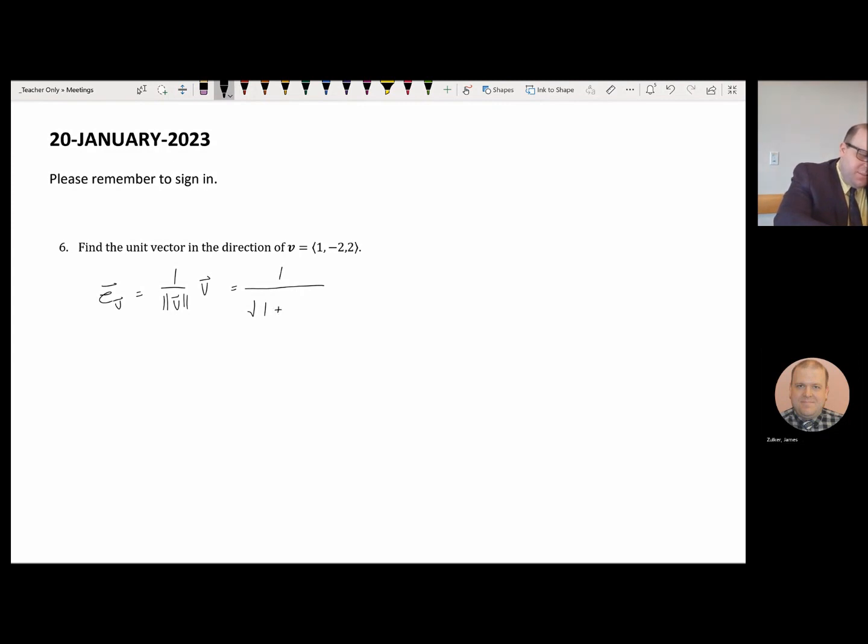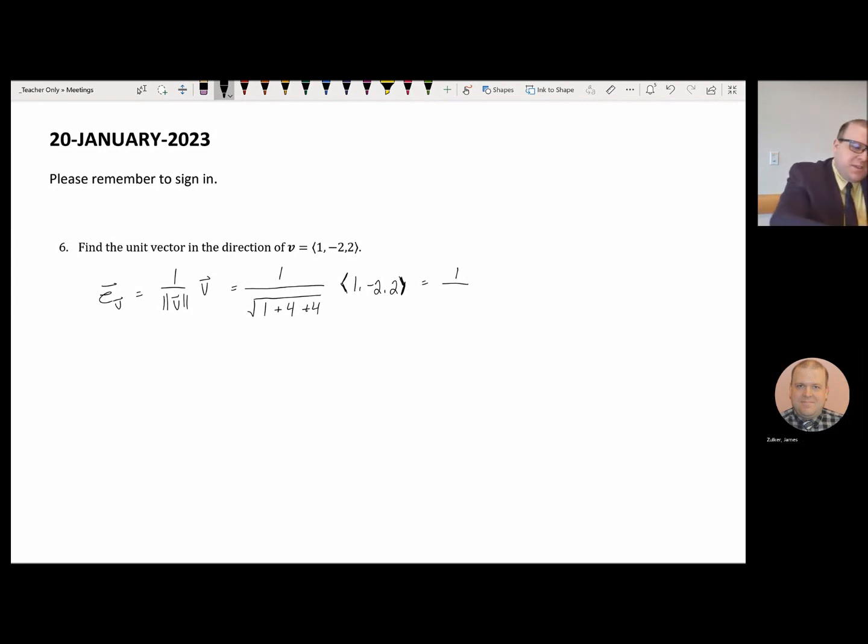So 1, right, plus 2 squared, plus 2 squared. And then times our vector. One, 4, 4, that gives you 9, right?